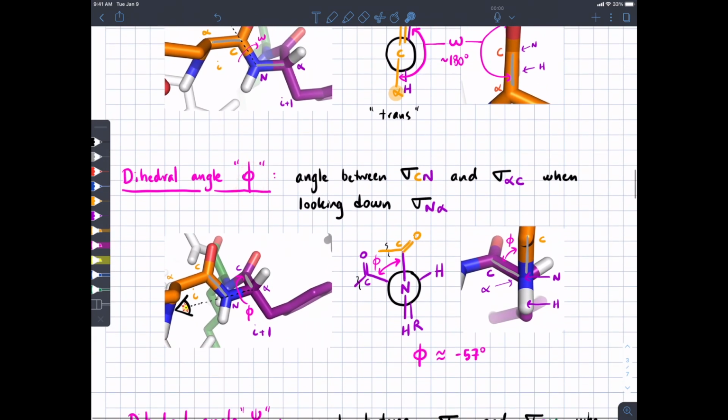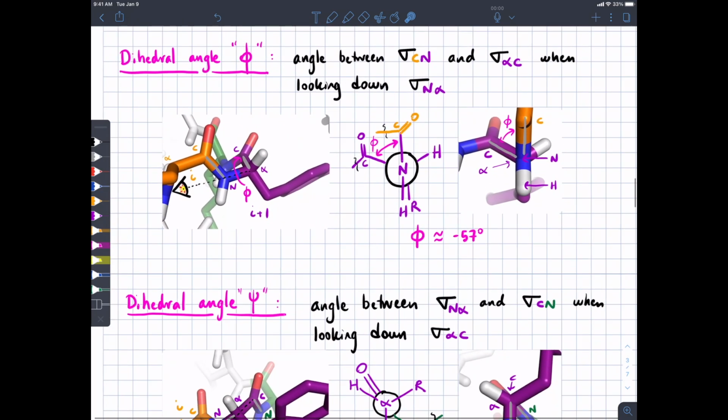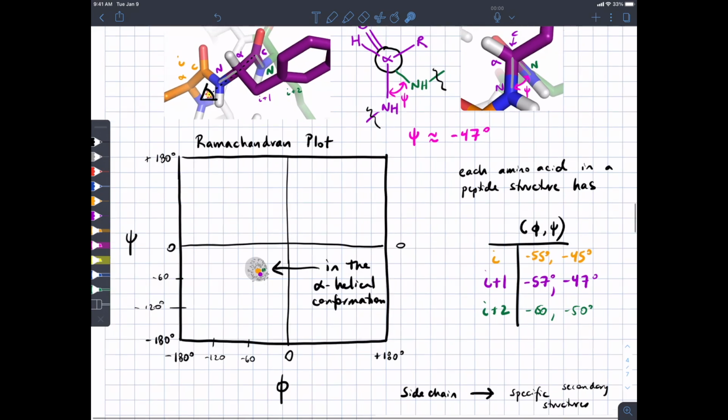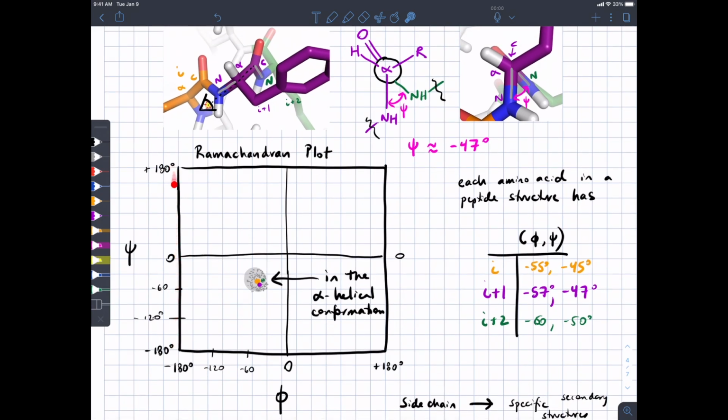But phi and psi can adopt a lot of different values. And so what people will do is they'll have a two-dimensional plot. On the x-axis, they'll have phi dihedral angles, and on the y-axis, they'll have psi dihedral angles. And these can vary anywhere between 180 and minus 180 for phi, and same thing for psi. Of course, plus 180 and minus 180 end up being the same thing.